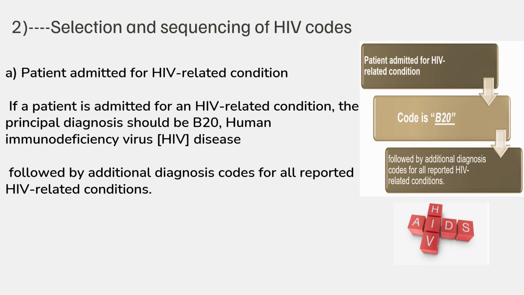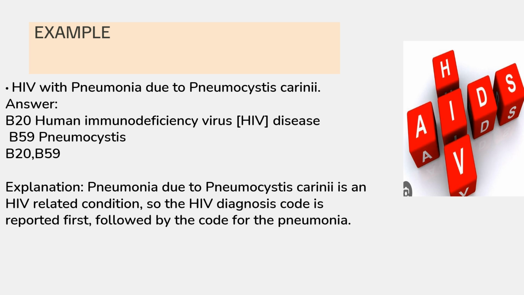Now the second guideline is selection and sequencing of the HIV code. Patient admitted for an HIV related condition. If the patient is admitted for an HIV related condition, the principal diagnosis should be B20, human immunodeficiency virus disease, followed by additional diagnosis codes for all reported HIV related conditions. Now let us take this example.